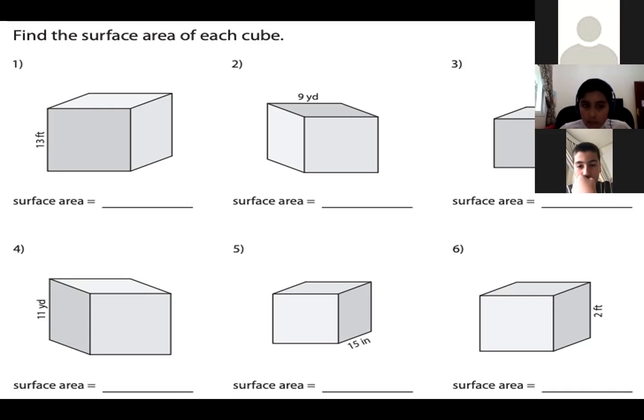Badr, we said that we will multiply the area by the 6 faces, correct? But you were actually multiplying by what? Not even one face. You were multiplying by one side length only.